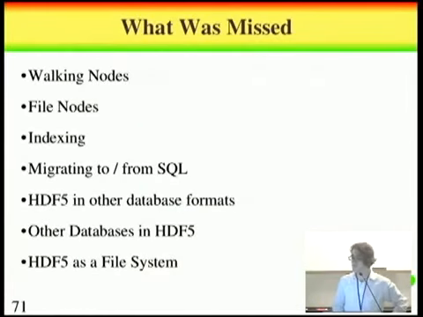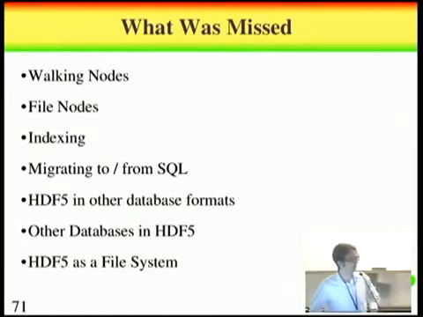Very briefly, what did we miss in this tutorial? Well, we didn't talk at all about how you walk nodes in a consistent fashion, if there's a walk nodes method. We didn't talk about file nodes. These are basically variable length string nodes that you can have the Python file interface defined on.